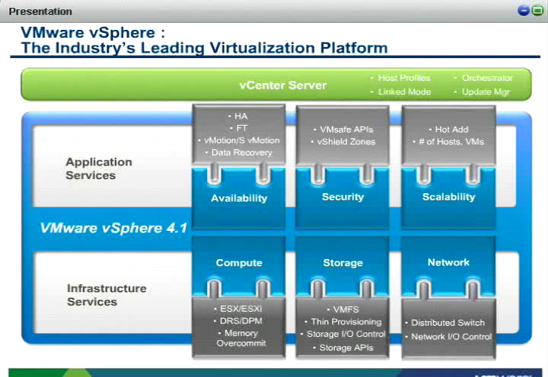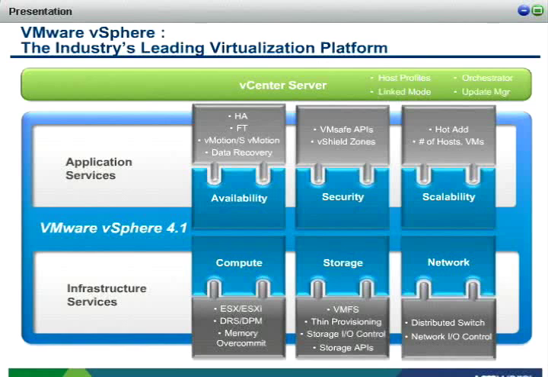Up top, when you look at application services, by far a lot of great functionality is packed into that particular bucket. Our high availability technology, in conjunction with things like vMotion, is very well utilized by the existing customer base, but also very well recognized in the industry as providing the best high availability and live migration technology out there for virtualization.